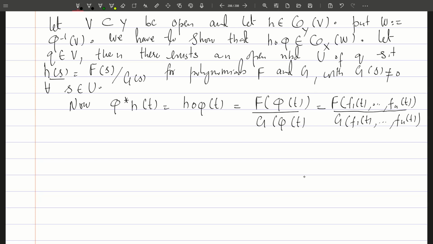Now note that the local ring at t is a k-algebra.